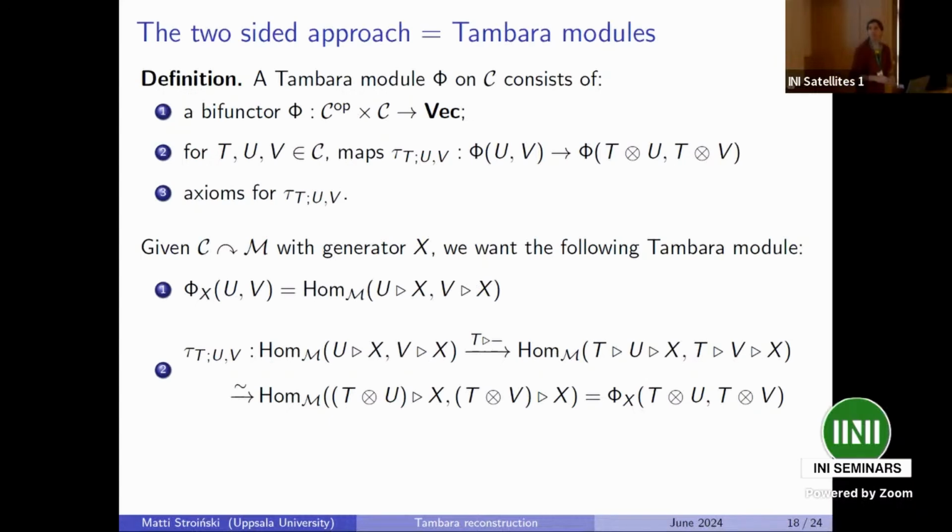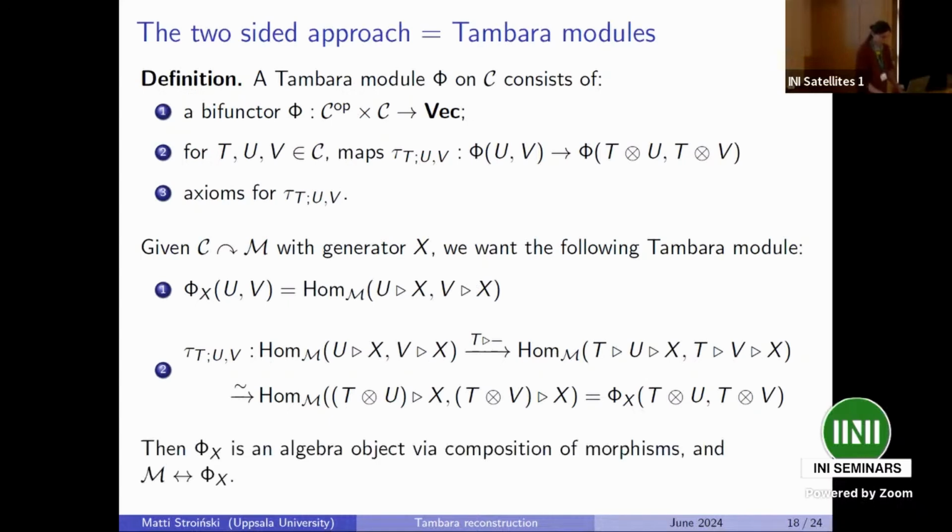It's very easy to find. What is not so easy is convincing oneself that one can in a meaningful way tensor Tambara modules, so that the category of Tambara modules is monoidal and that this defines an algebra object. But once you know how to tensor Tambara modules, seeing that this is an algebra object is super easy. And this is the algebra object which in this reconstruction result corresponds to M.